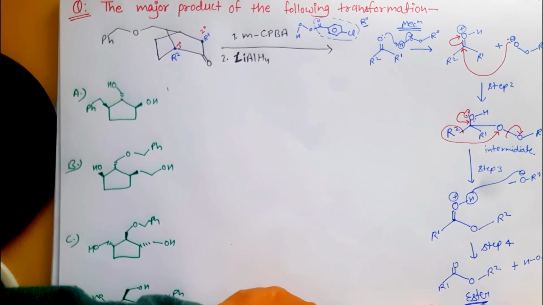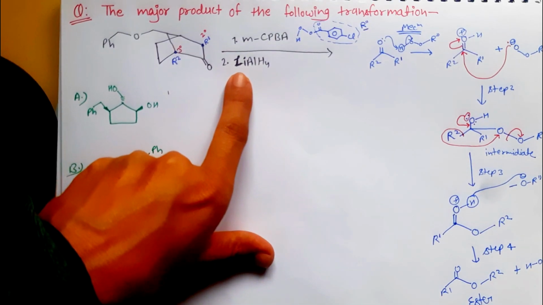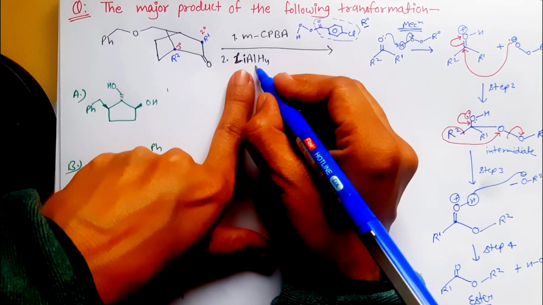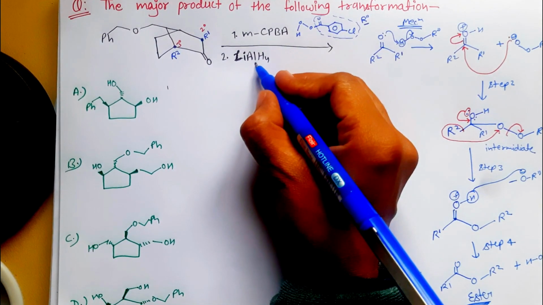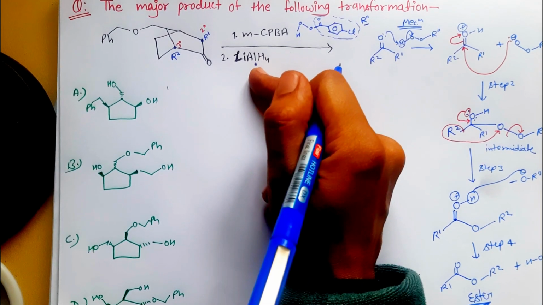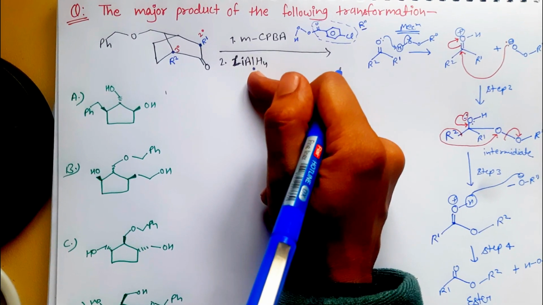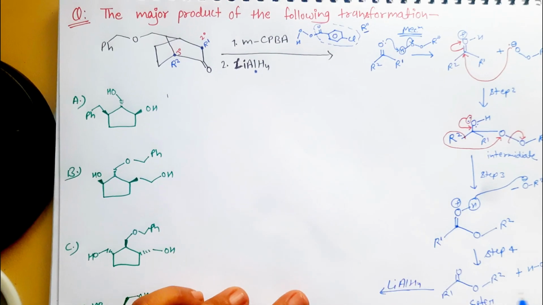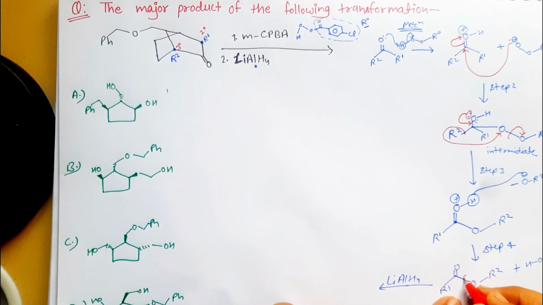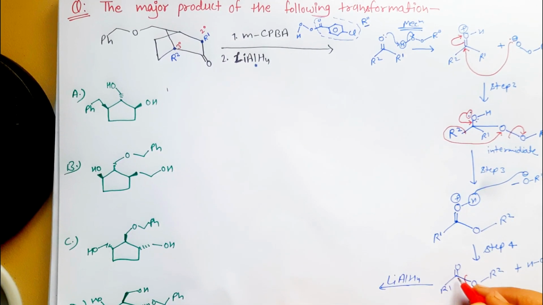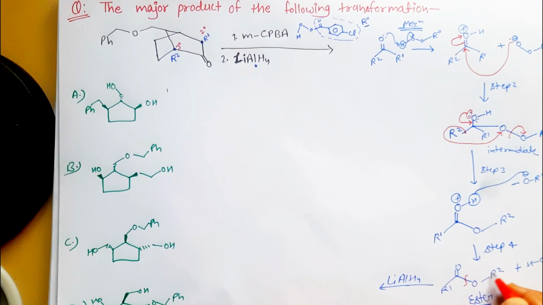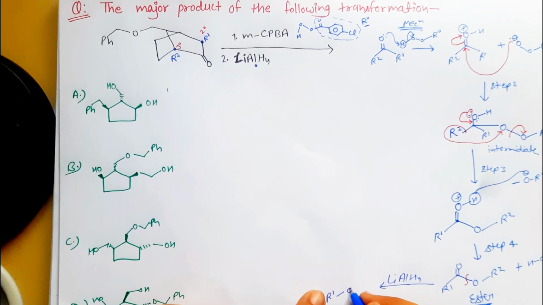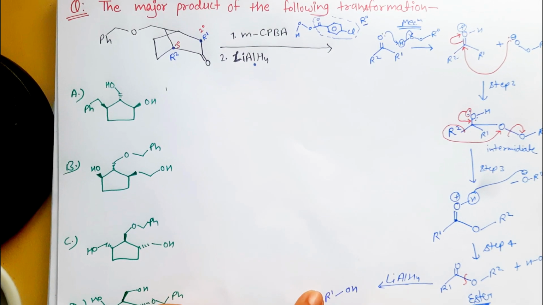After the ester formation, they give lithium aluminum hydride. We all know lithium aluminum hydride is a very good reducing agent. It always reduces the carbonyl group and reduces esters also into alcohol. So here this ester reacts with lithium aluminum hydride, so this bond will break, and this group converts into alcohol, and this group also converts into alcohol. So here we get R1 OH, and here OH R2.